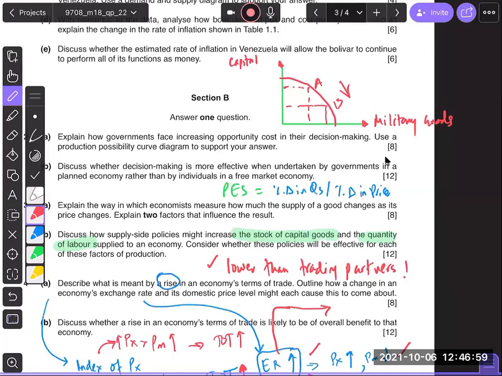Now the B part is: discuss whether decision making is more effective when undertaken by governments in a planned economy rather than by individuals in a free market. This is very easy. In a planned economy, the government is taking decisions, it's centralized decision making.